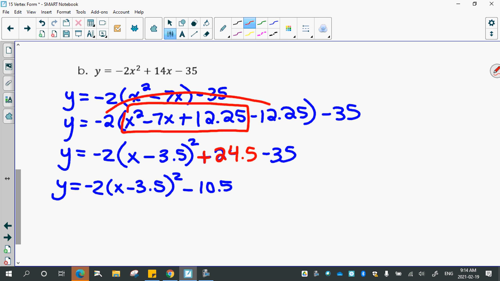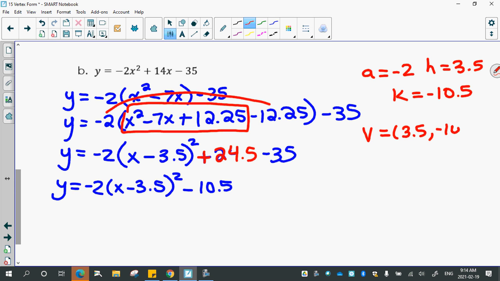So a is -2, h is 3.5, and k is negative 10.5. So my vertex (h, k) is (3.5, negative 10.5).